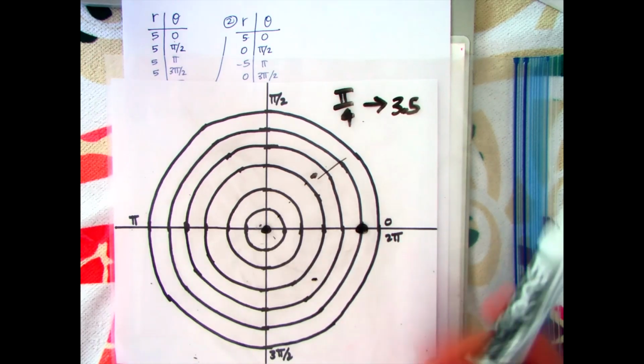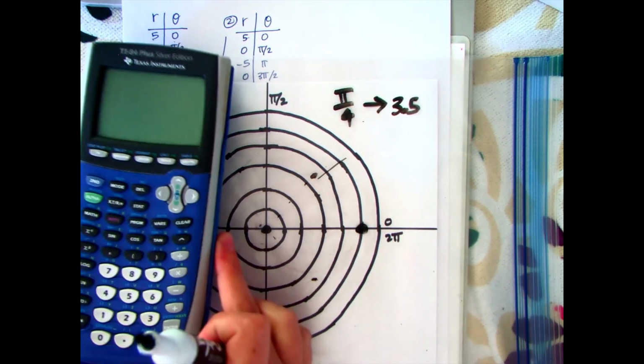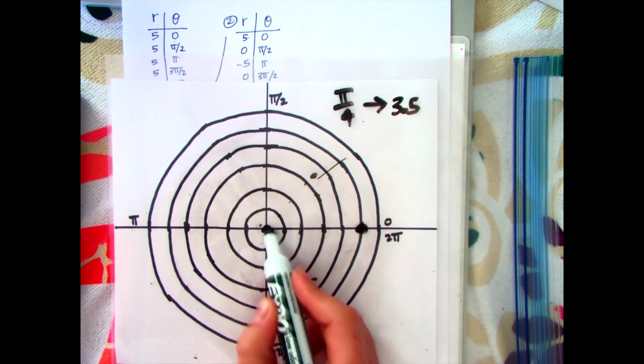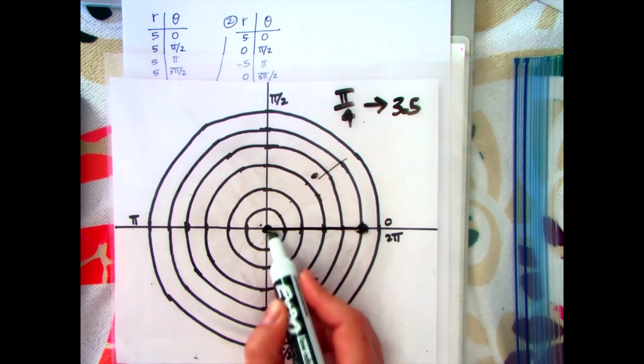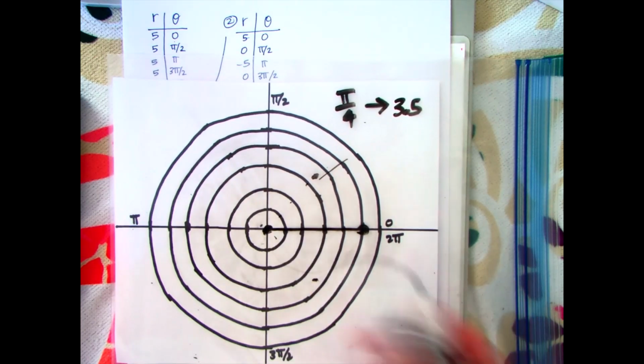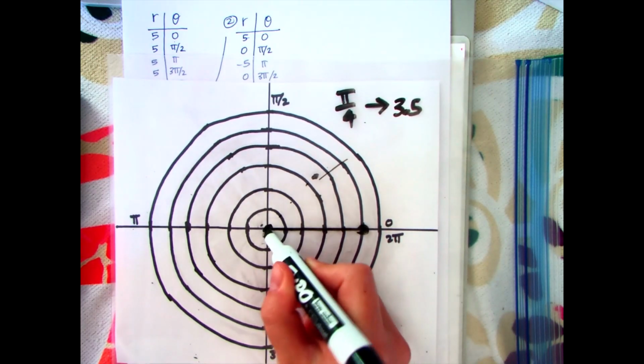What's going to end up happening, and you can do this on your graphing calculator or any type of calculator, is it's going to produce a circle that has this time not a radius of 5, but a diameter of 5. So if we measure the distance from here to here, this is the diameter. So these 2 points are on the circumference of our circle. This time the point at the origin is on the circumference.